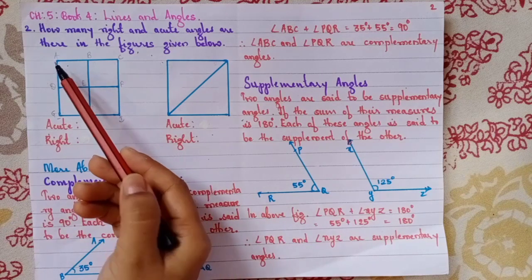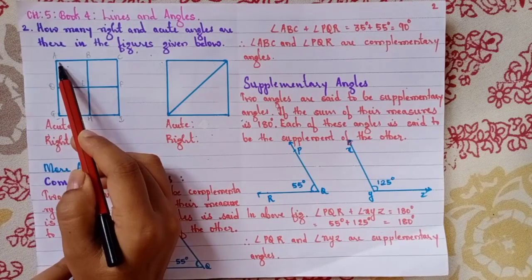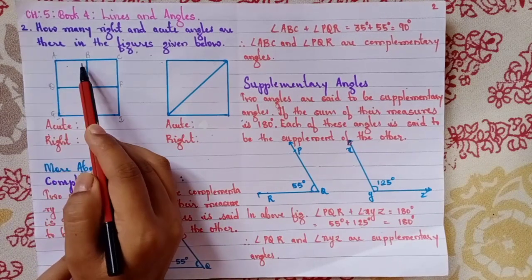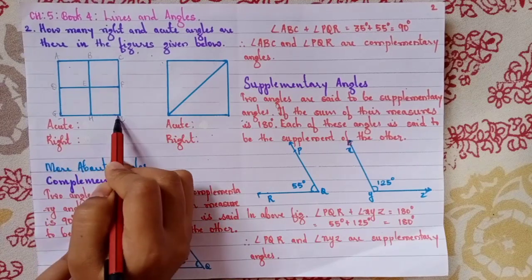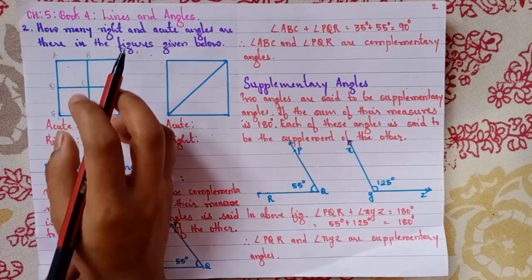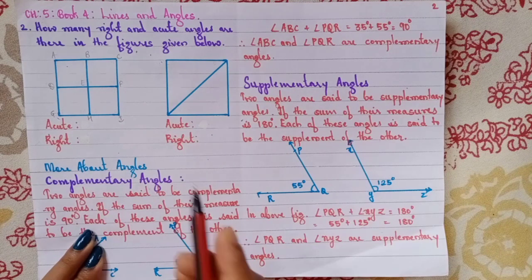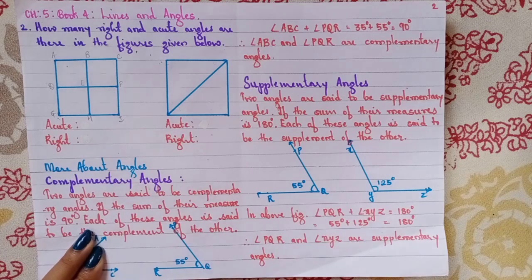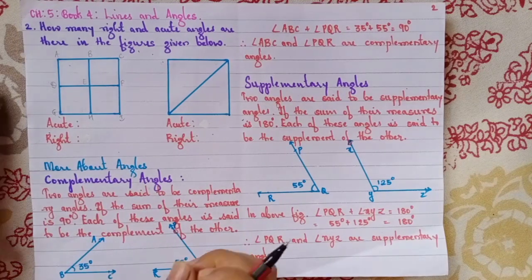Here also one angle will form at every corner, isn't it? How does the angle form? At a corner we find the angles. So wherever a corner is there we will get an angle. Let's see which angles we will get.